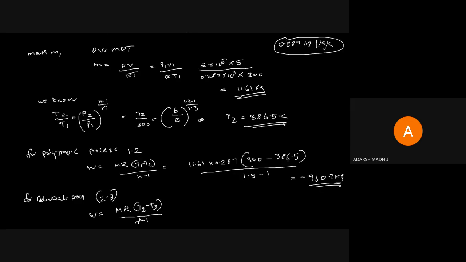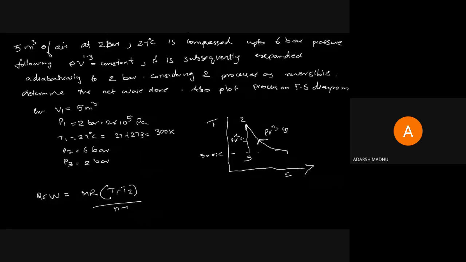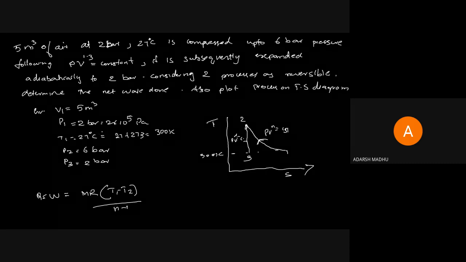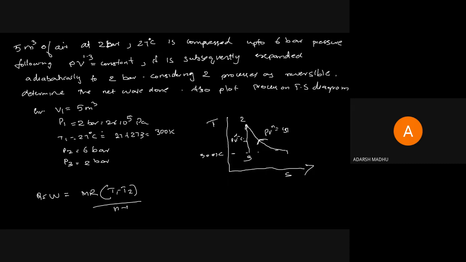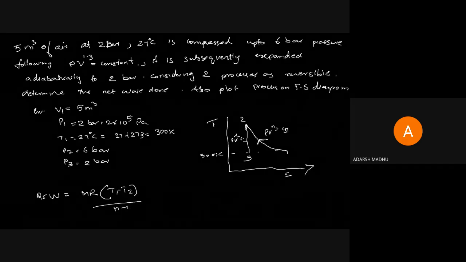So what is P3 here? P3 is given in the problem. The initial pressure P1 is given as 2 bar and it is compressed up to 6 bar.